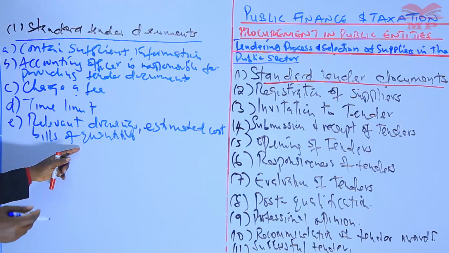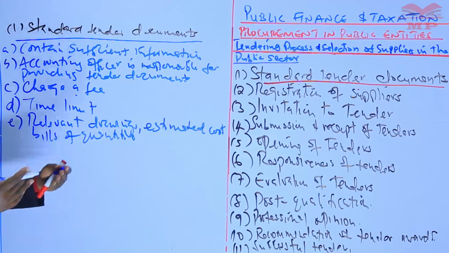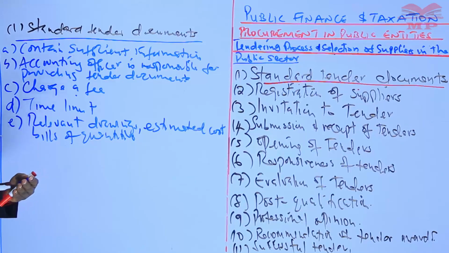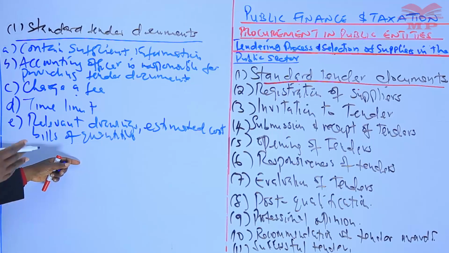Then the tender documents, candidates, should also specify the general conditions to which the contract will be subject, including any requirement that performance security will be provided before the contract is entered into.